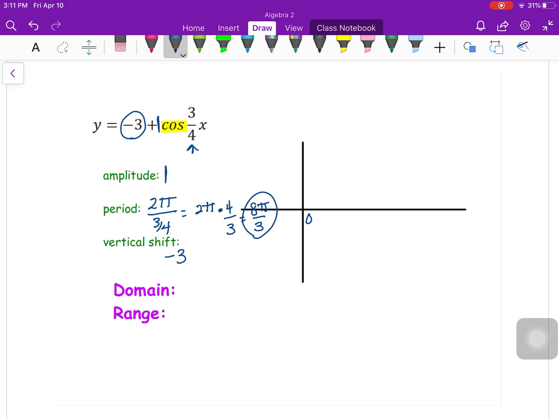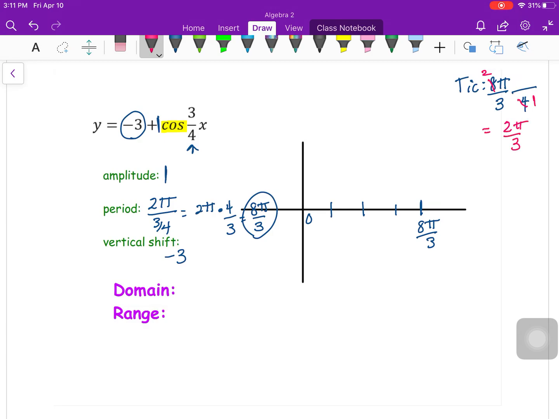So here's my 0. 8 pi over 3. Let's say it's right here. So every tick mark will be 8 pi over 3, and I'm going to divide that into fourths. So when I reduce, that's a 2 and a 1.